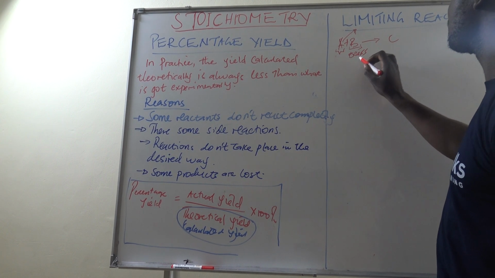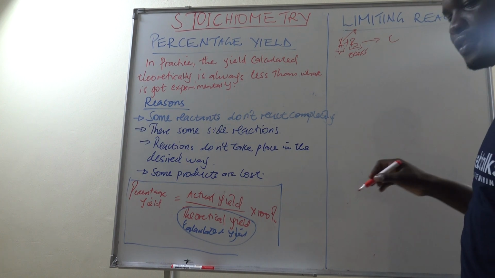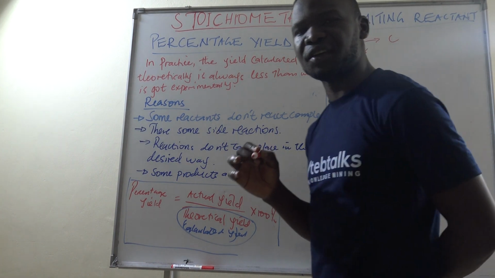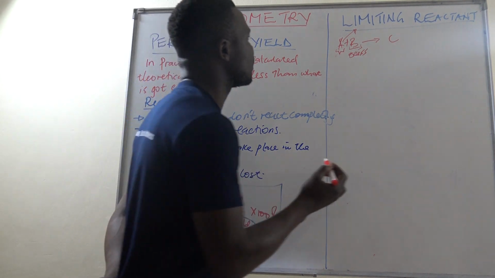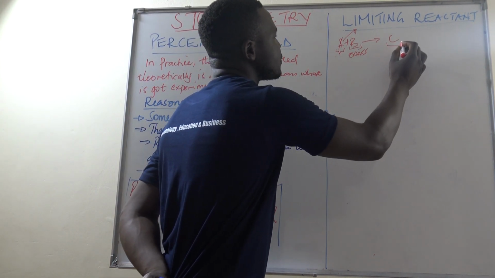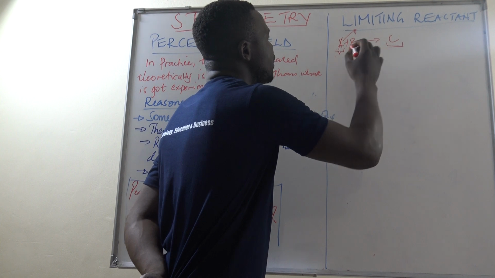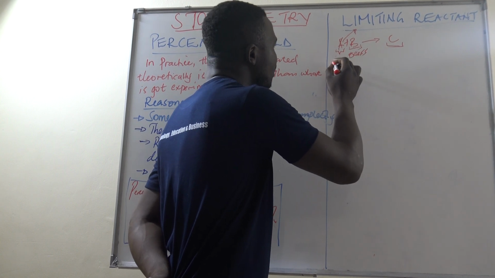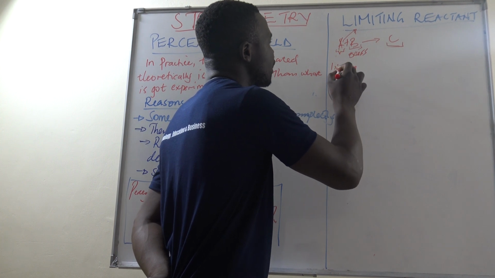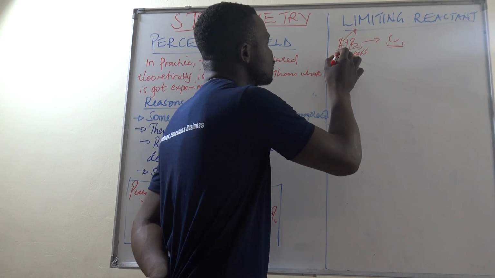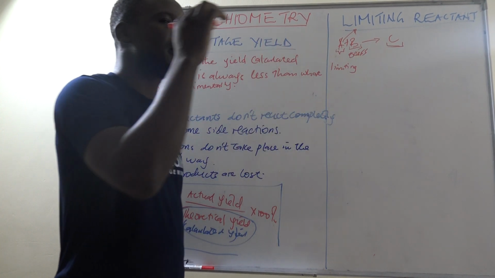So if we happen to calculate the products formed, when we are doing our stoichiometric calculations, we are going to use the limiting reactant.